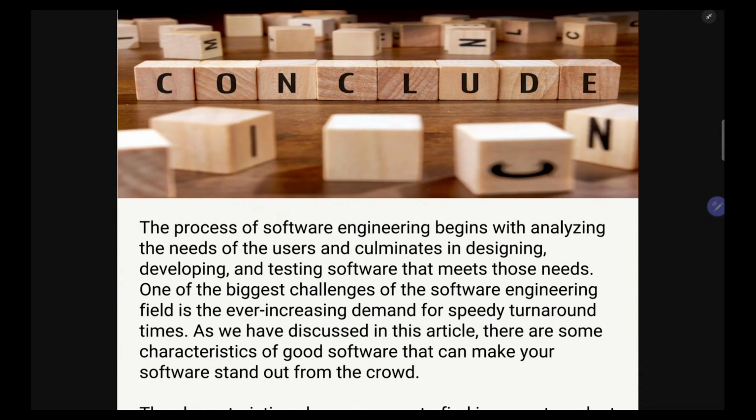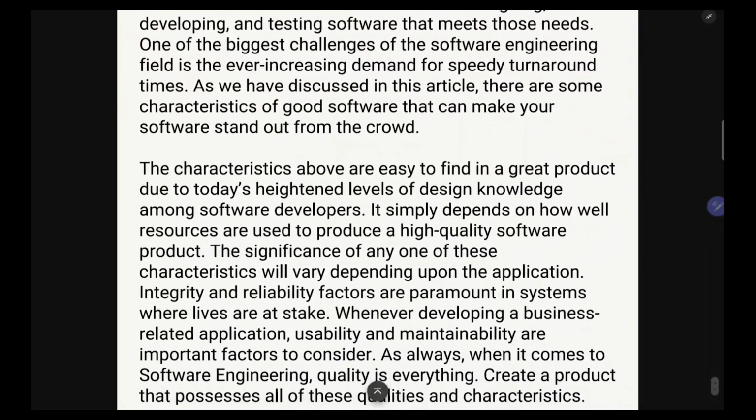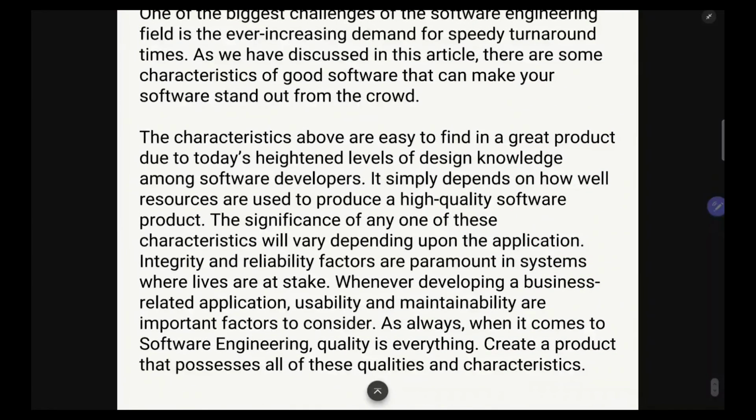As we have discussed in this article, there are some characteristics of good software that can make your software stand out from the crowd. The characteristics above are easy to find in a great product due to today's heightened level of design knowledge among software developers. It simply depends on how well resources are used to produce high quality software products.